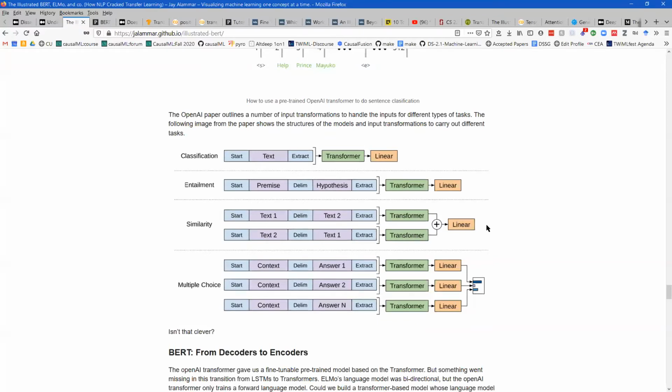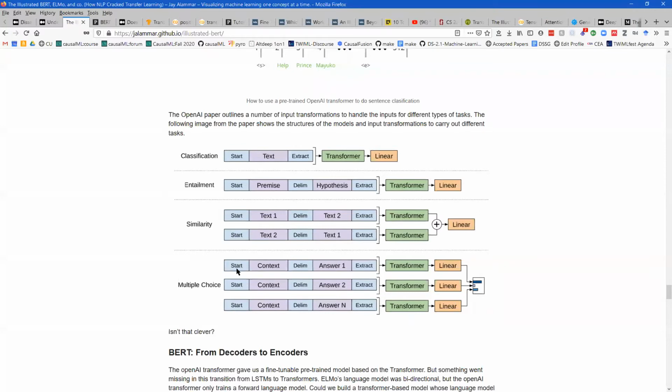So if you have two sentences about, I don't know, the government in 18th century France, and then compare them, are they similar? Are they making similar conclusions, or are they somehow similar in structure? So comparing two sentences to one another to find out how similar they are, and then multiple choice.